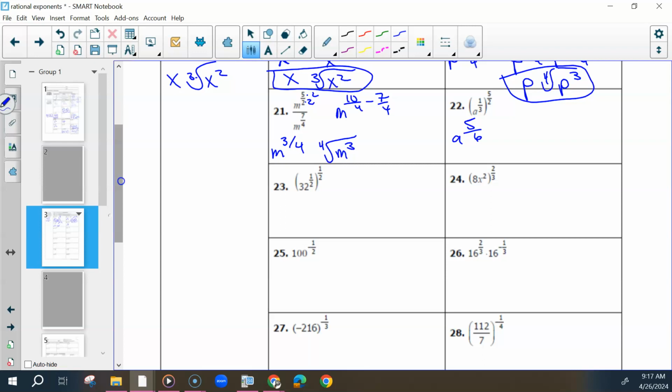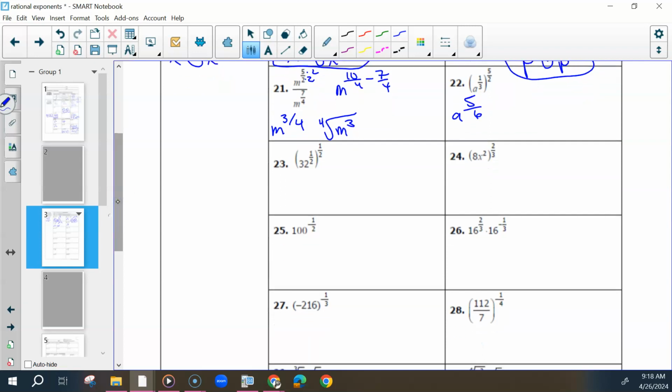So again, it's 5 over 6, so the 6 is the root, and the 5 is going to be an exponent, a to the fifth. So it would be the sixth root of a to the fifth, is how we would say that.